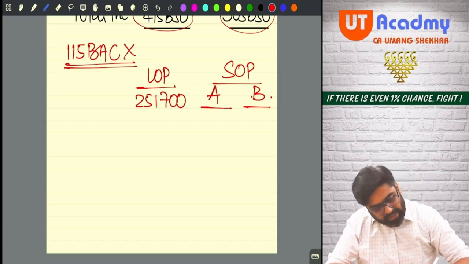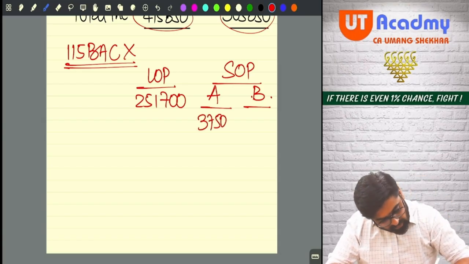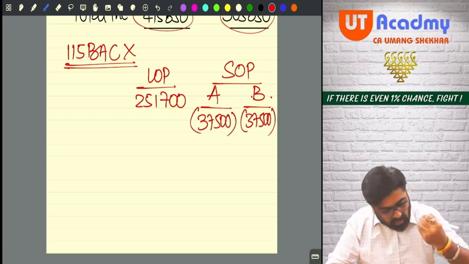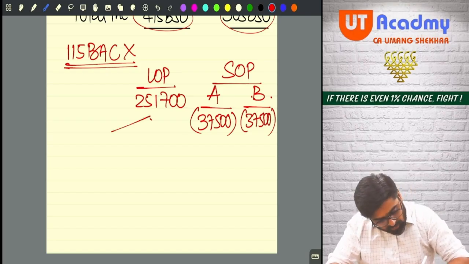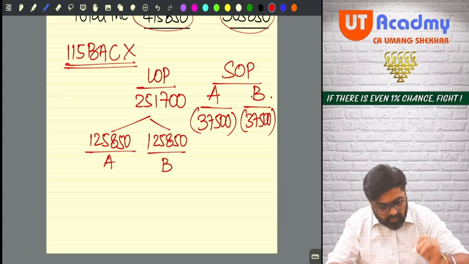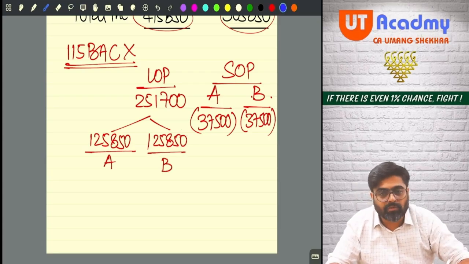Getting my point? So can I say 37,500 will be a loss for A and 37,500 will be a loss for B also? And out of this, can I say 125,850 is LOP portion income and 125,850 is the LOP income for A as well as B? Now, can you match the columns?